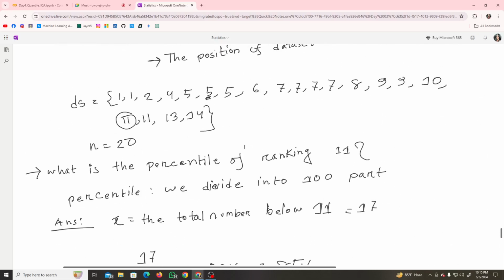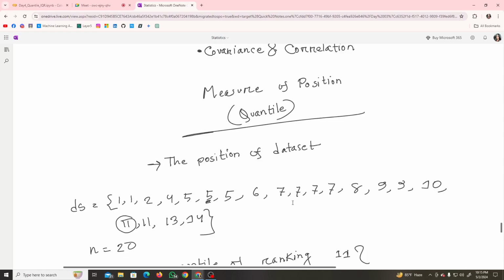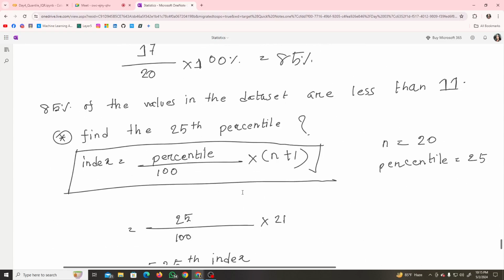You see, if you consider this dataset to be 100%, then 25% of the dataset is below 5. So this was percentile.